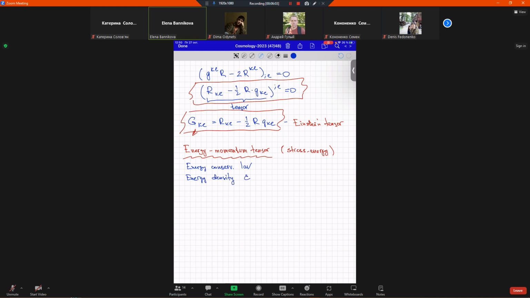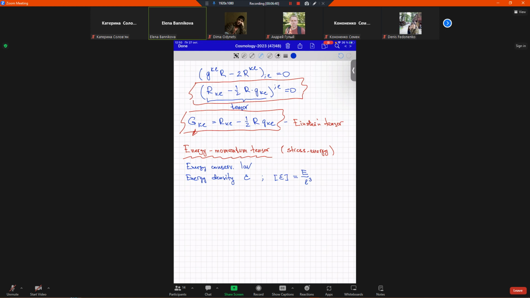We will call it by the letter epsilon. By definition, the dimension of energy density is energy divided by L cubed, where L, as usual, is the scale of the space. For example, this is erg divided by centimeter cubed.